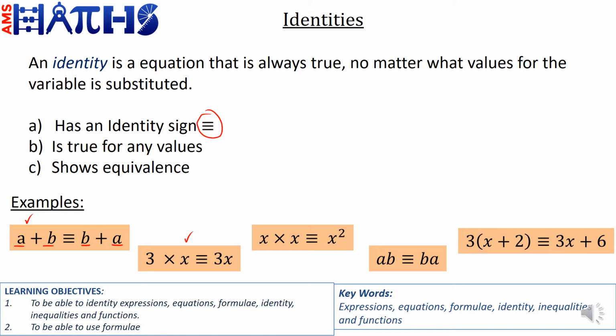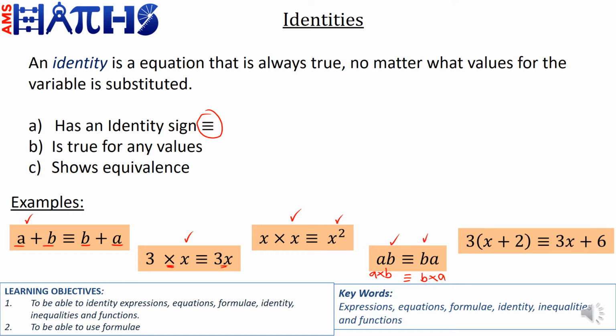Even though we're not seeing that multiplication sign on our right, it still represents 3 times x. Here again, we have x times x is identical to x squared. If we have a times b or ab, it is identical to multiplying b times a.